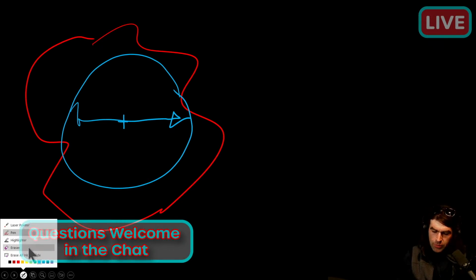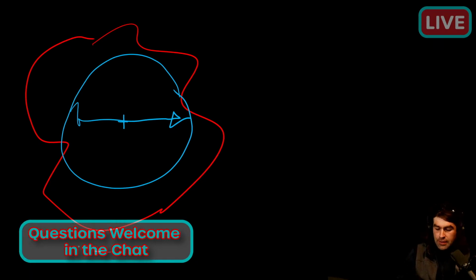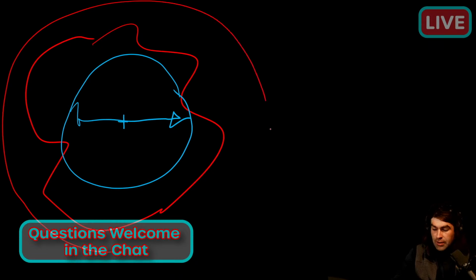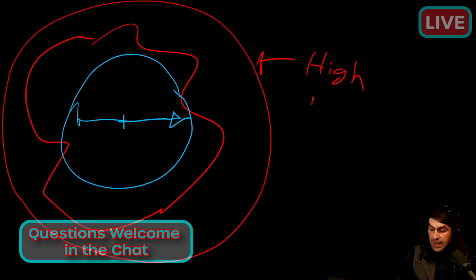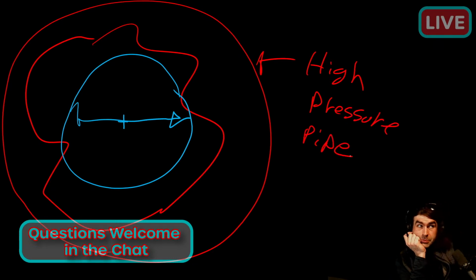Now, that helps with certain things, but not everything, right? Say this amoeba thing is actually a hole drilled through a super high pressure pipe, or tube or whatever. When we're measuring it, we put it on a CMM, we want to know how big that hole is, right?